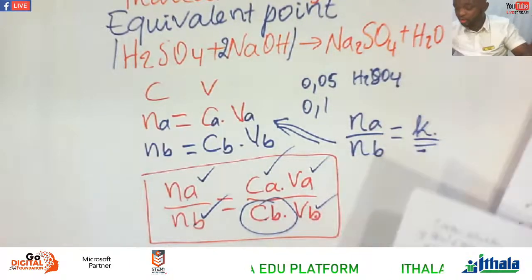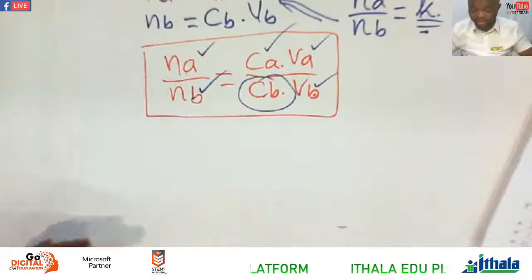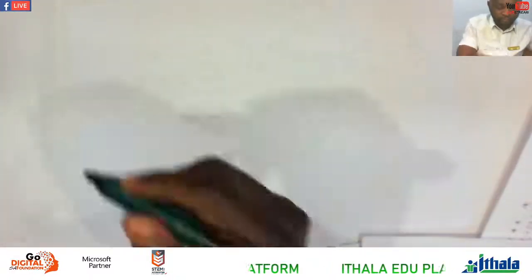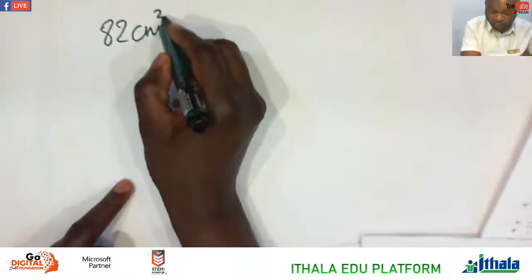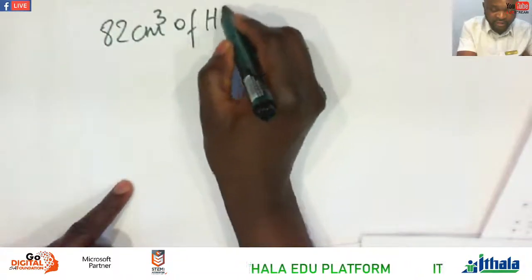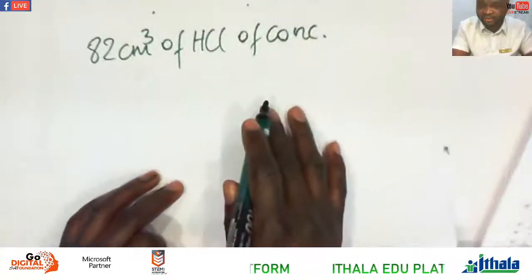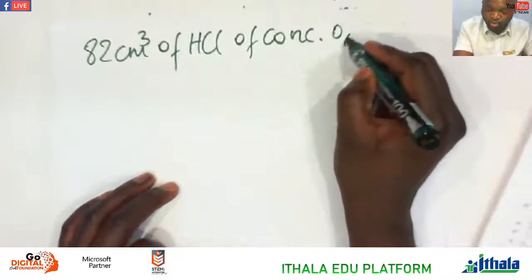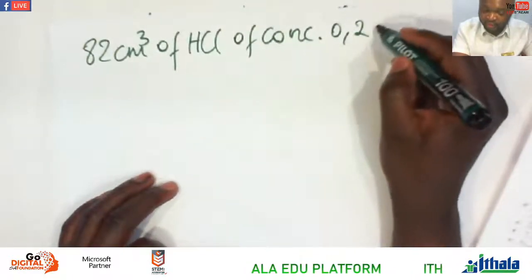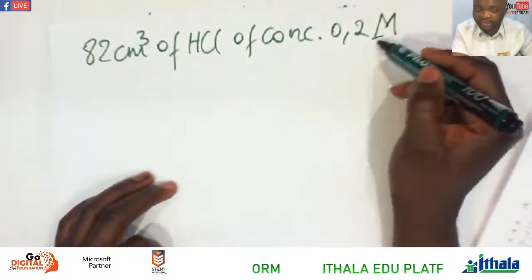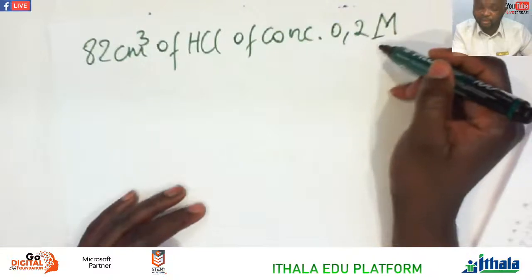I said this so that we understand what we are talking about. Example 80: we have 82 cubic centimeters of HCl of concentration 0.2 mole per decimeter cube. Another unit, learners, may be capital letter M, molarity, which means mole per decimeter cube.